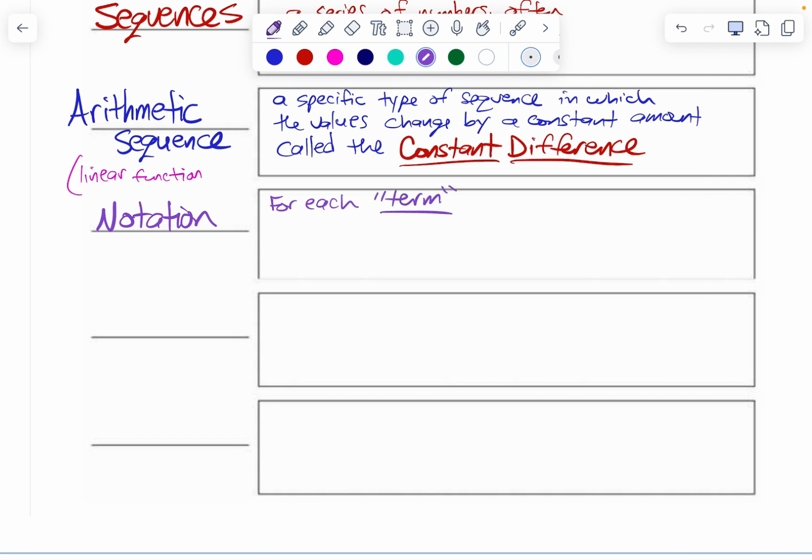We call those terms successive numbers in the sequence. And so we use subscript notation. Now we've seen this before. Let me wait till everybody writes and I'll show you.